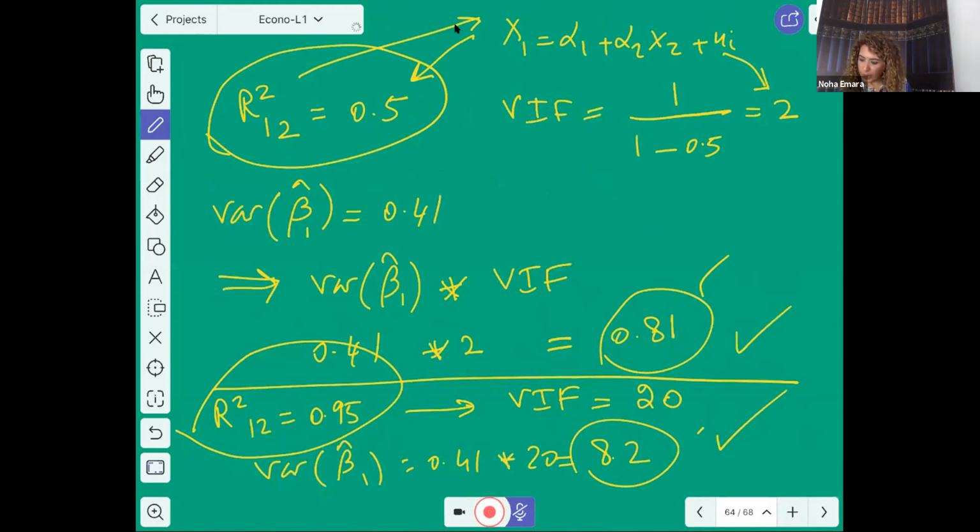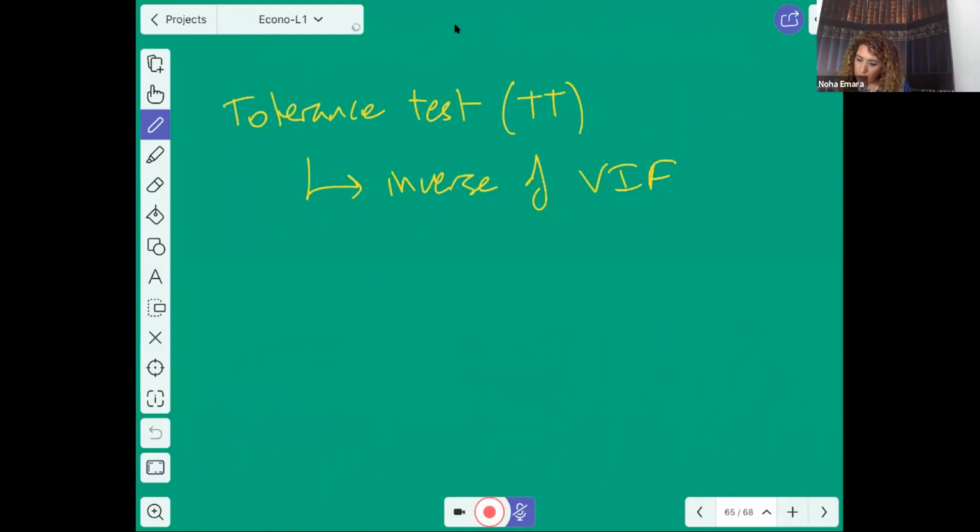Our benchmark is 10 for the VIF. If VIF is equal to or exceeds 10, so the variance is inflated 10 times or more, then it's a problem.